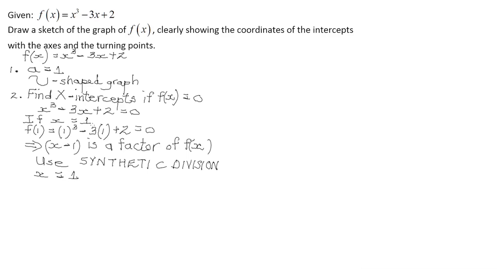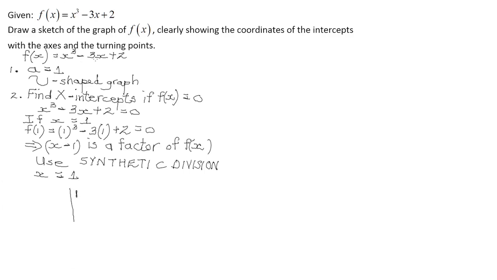That's what we've sorted out. What's going to happen now? So what do you do first? You write down the coefficients for synthetic division. But what we need to take note of here is x must be in descending order. So you draw a line there and you write down the first coefficient, which is 1.